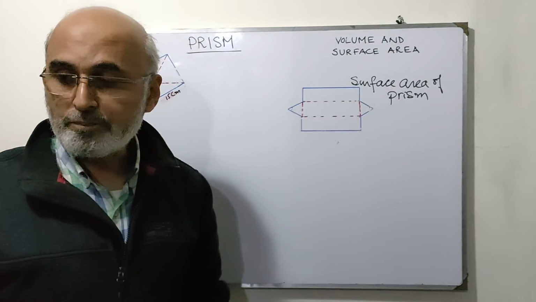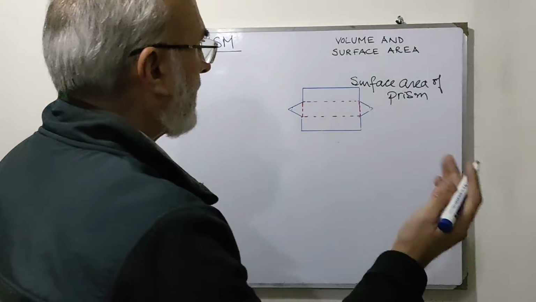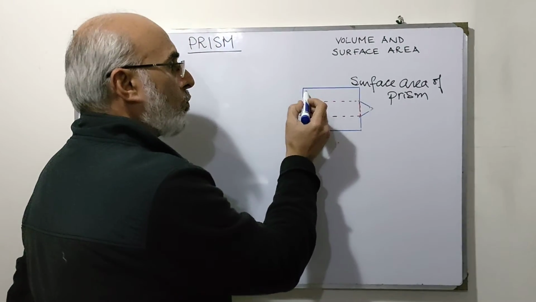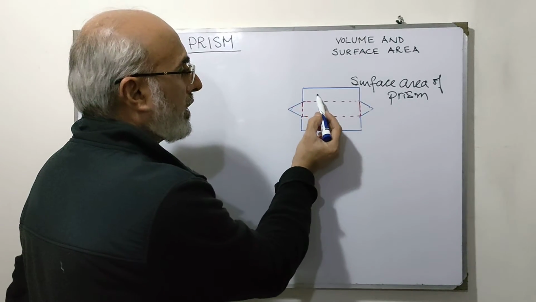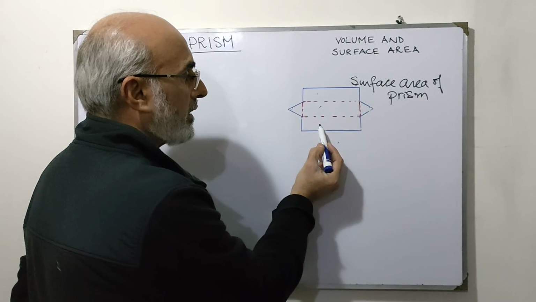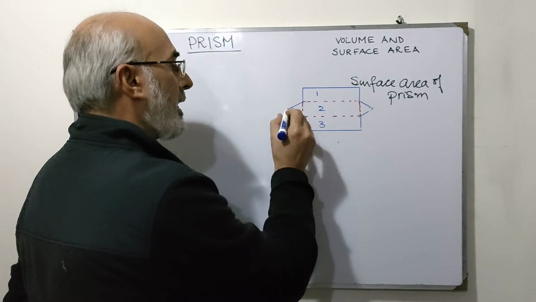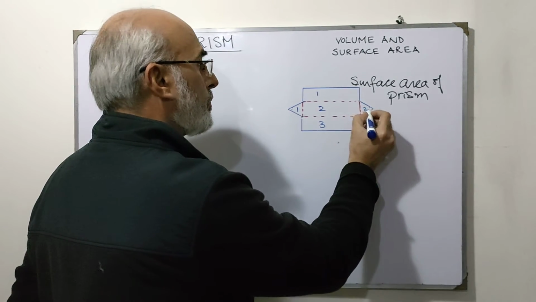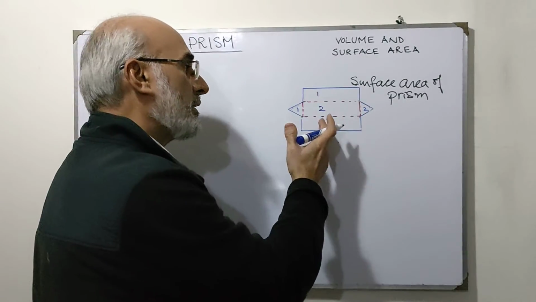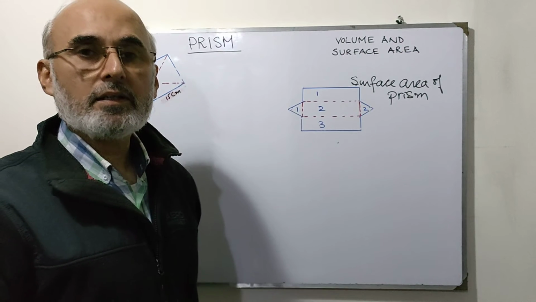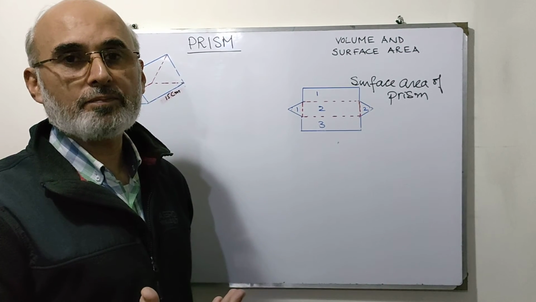Now, making the thing simpler, for the surface area I need the area of this rectangle, this rectangle, this rectangle. So I have 3 rectangles, 1, 2 and 3, and 2 triangles, right? So I need to calculate the area of these 3 rectangles.